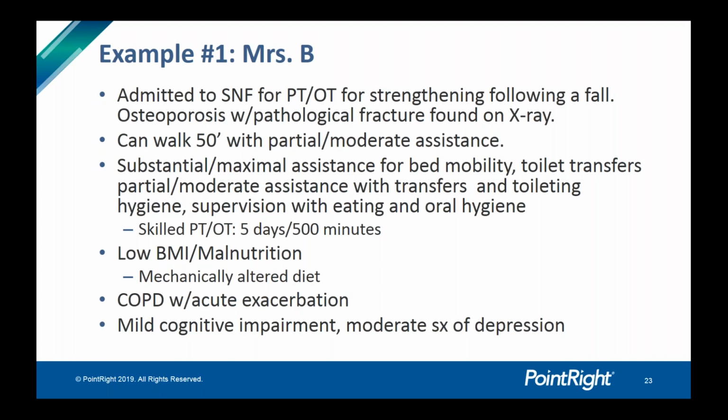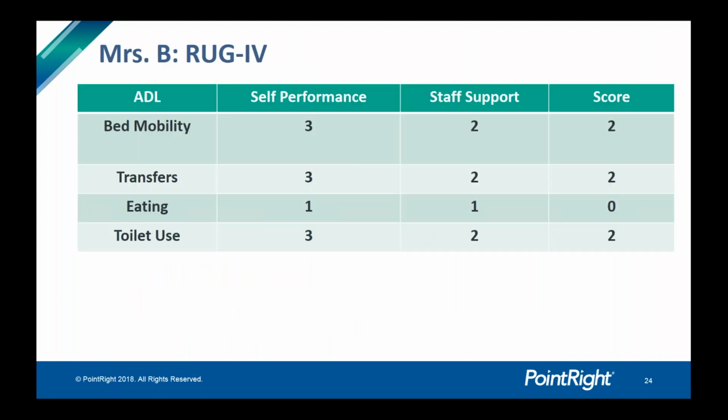So she's getting PT and OT 5 days a week, 500 minutes total. She's got a low BMI, diagnosis of malnutrition, again, partially because of her deconditioning. She has a mechanically altered diet, COPD with an acute exacerbation, mild cognitive impairment, and some moderate symptoms of depression. So again, don't just look at the very top or the middle bullet here. Look at the big picture to see where she would fall.